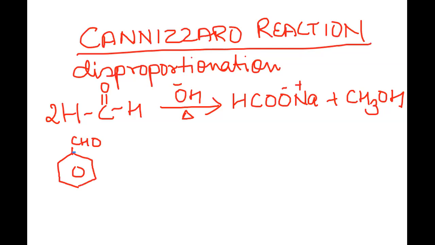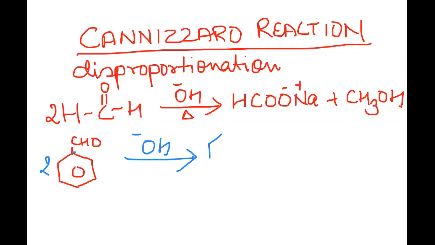So this is also not able to undergo aldol condensation because it does not have an ionizable hydrogen at the alpha position. So when this is treated with NaOH and slightly warmed, in presence of OH minus or NaOH you can take two molecules.